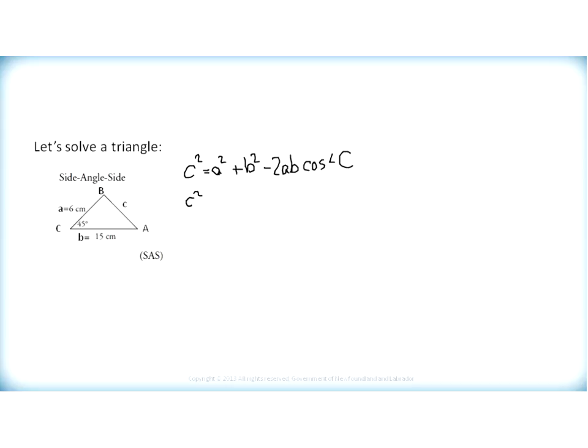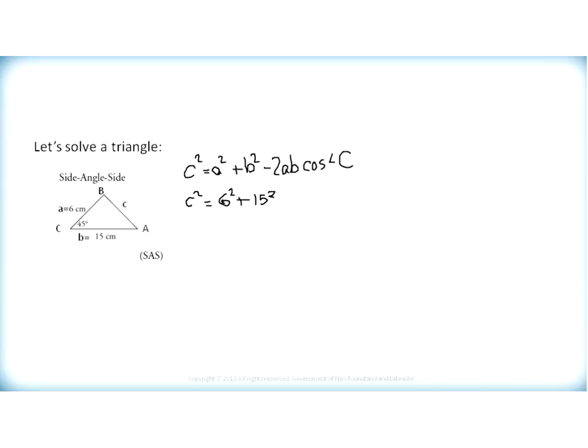So C squared is equal to 6 squared plus 15 squared.